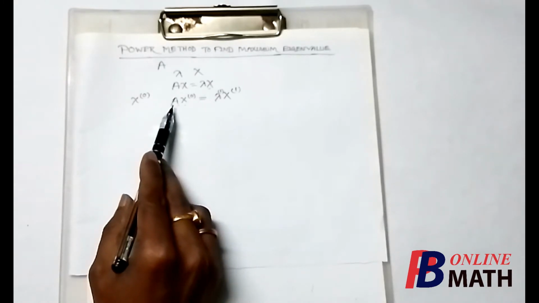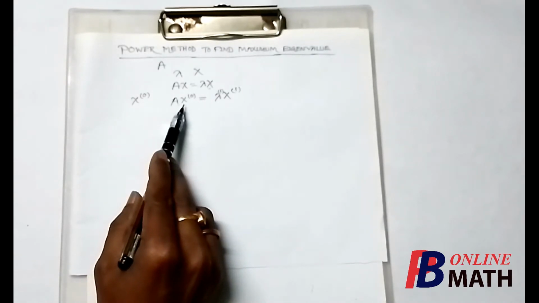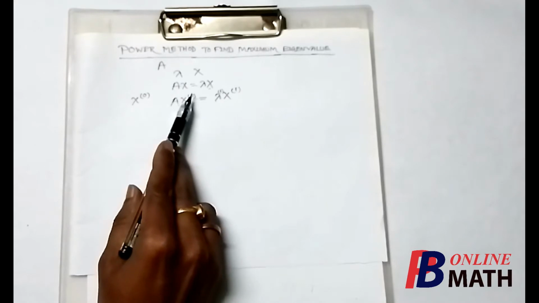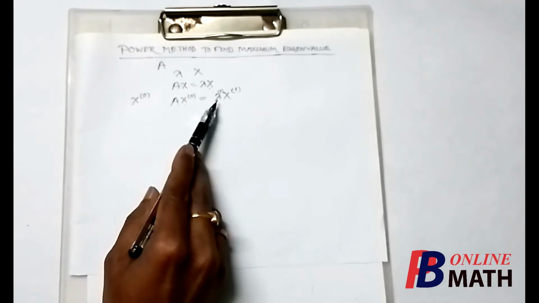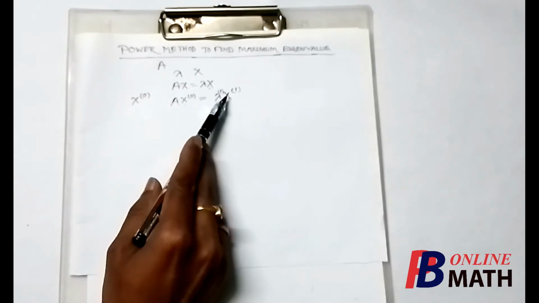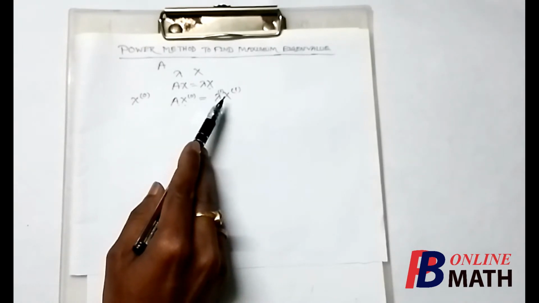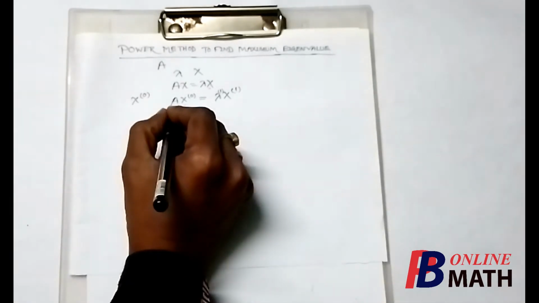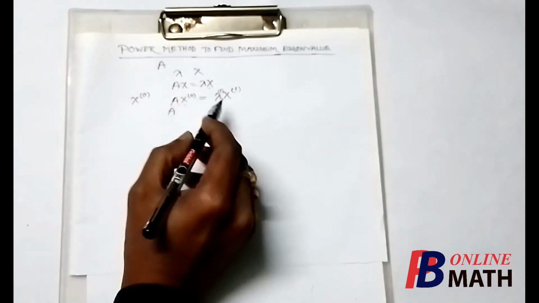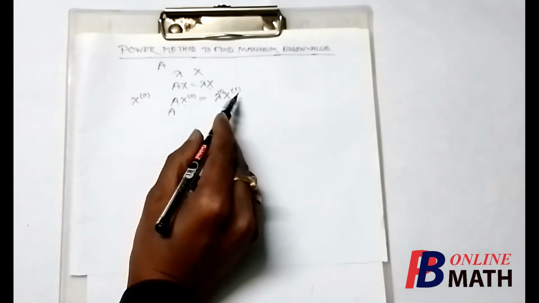So if we multiply the matrix by the initial approximation of the eigenvector, then this will be equal to the next approximation of the eigenvalue multiplied by the next approximation of the eigenvector. Next we shall multiply the matrix A with this new approximation of the eigenvector.